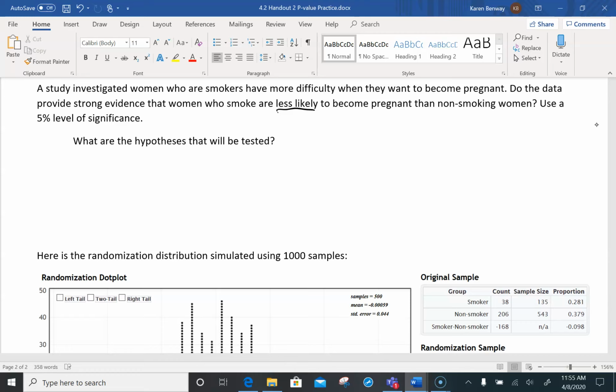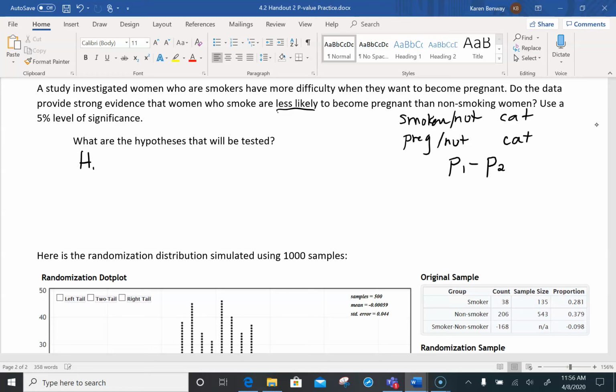Okay, so we've got two different variables here. We've got whether the person is a smoker or not, which is categorical. We've got whether they become pregnant or not, which is also categorical. So with two categorical variables, we're going to be interested in a difference in proportions as our parameter.